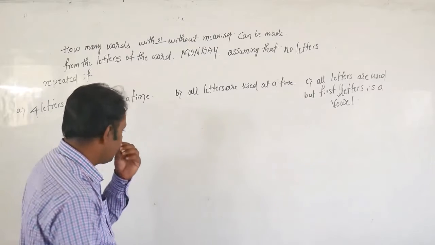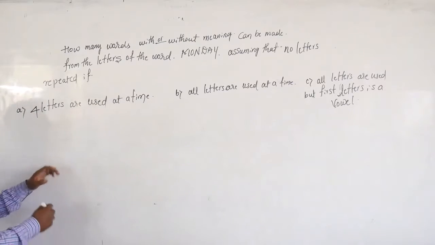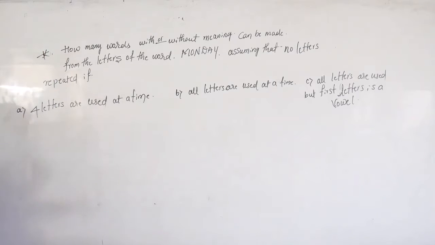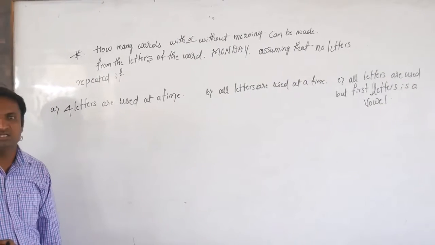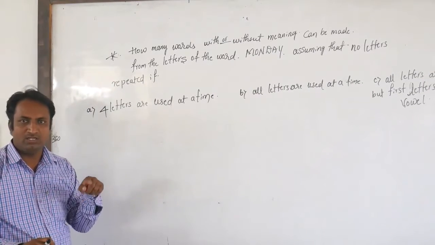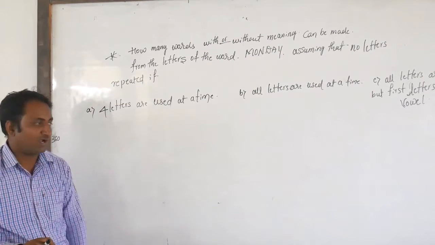We can take the next problem on the basis of permutation. Permutation is the arrangement of numbers, where nPr is equal to n factorial divided by (n minus r) factorial.